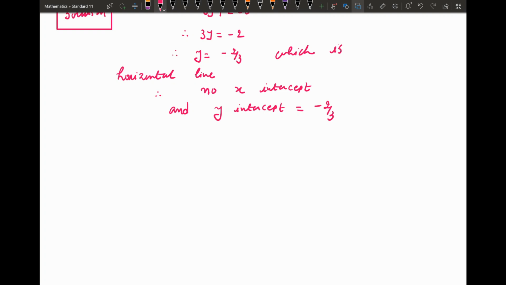So this is the y intercept, and since the line is horizontal we can't get an x intercept, so there is no x intercept.